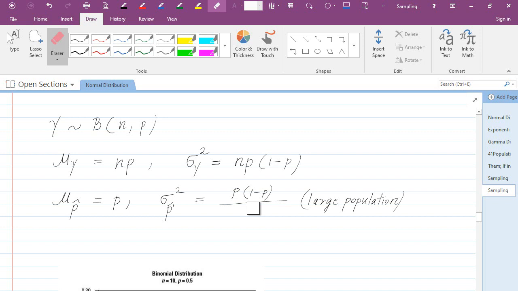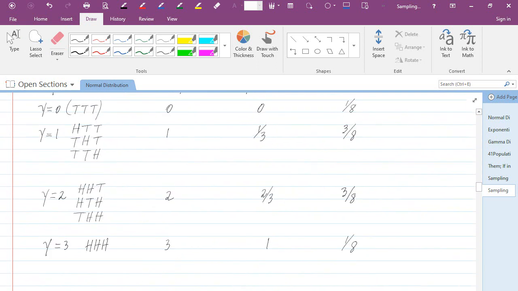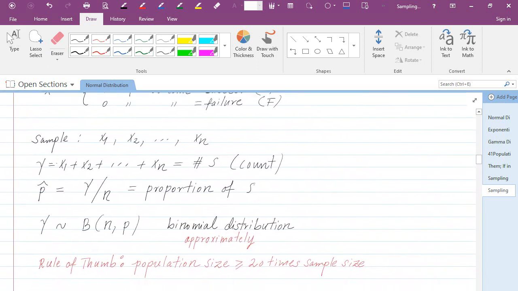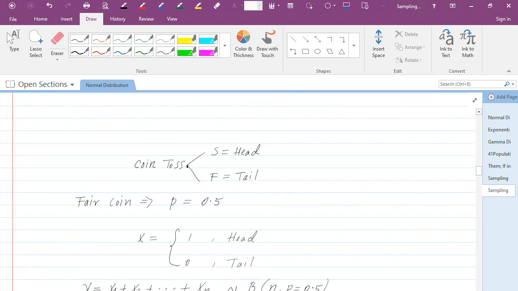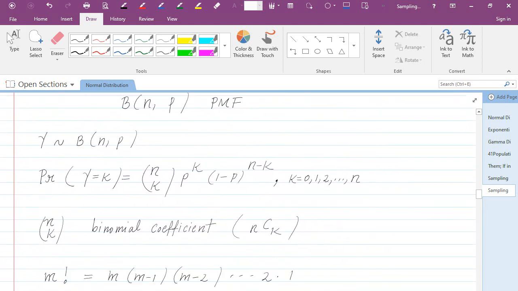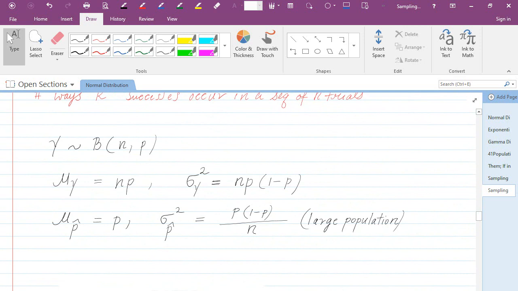In order for us to be able to use these formulas, we're going to have to assume that we have a large population. Remember the remark that I made a few minutes ago: as long as the population size is 20 times the sample size, then we can assume that the dichotomous variable has a binomial distribution, and we can apply these formulas to find the mean and the variance of the sample proportion.